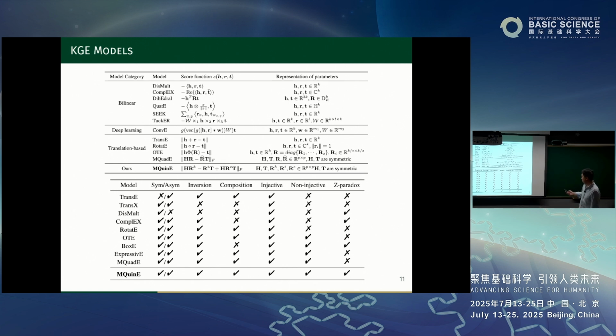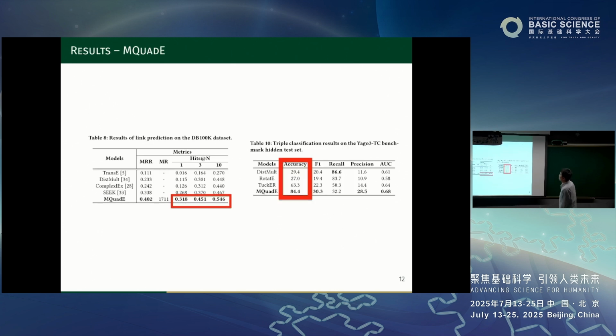Okay. I'll give you some numerical examples here. For the method from the 4-year-old paper, it is in this task. Maybe I need to explain what this means. Hit at n means that if you have a task, for example, you have a head entity and a relation, and you want to know the tail, Hit at 1 means you find it on the first shot.